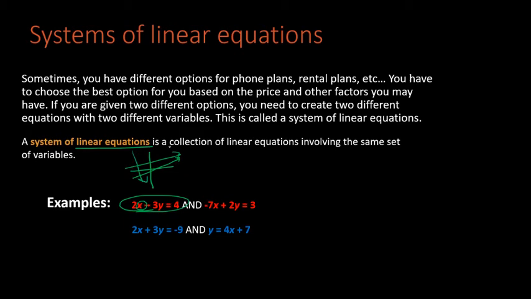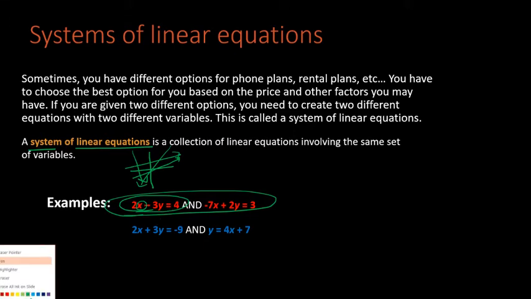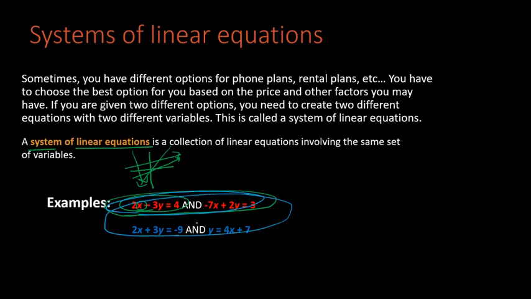I don't care what direction it's going in, as long as it's a straight line, it's linear. A system of linear equations is just when we're considering more than one equation at once. A system could be just those two equations, or all four of these equations, or three of them, whatever.